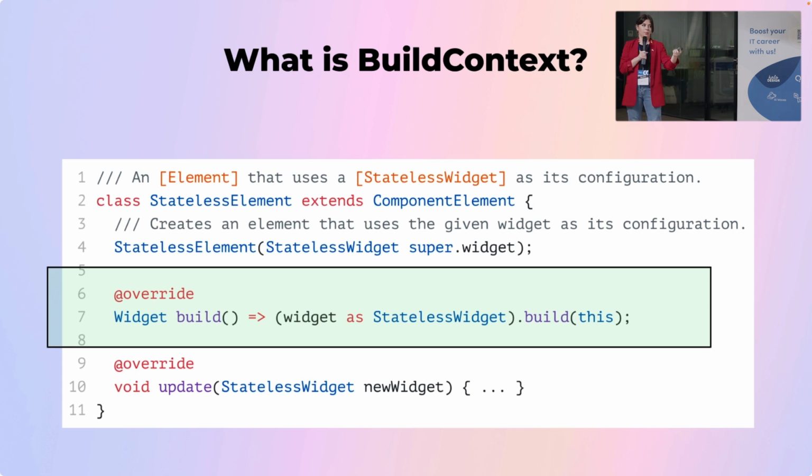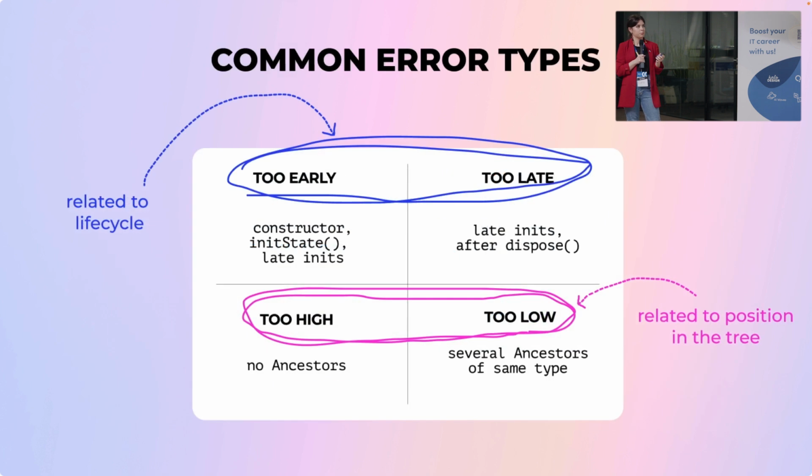And this is how we get the BuildContext that we get in our build method, which we then use to access all kinds of other widgets. So this is how it's all connected. What you see as a developer is BuildContext, but actually under the hood, it's the element.